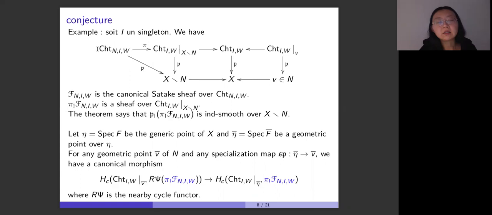So you have a Galois cover of this. We saw that we have a canonical Sadake sheaf, the F_{I,W}, on the stack of shtukas with level structure. We can take the direct image of the sheaf on shtukas without level structure.